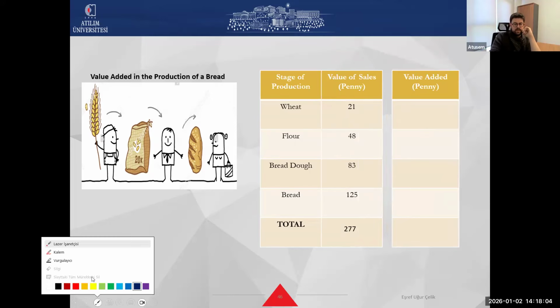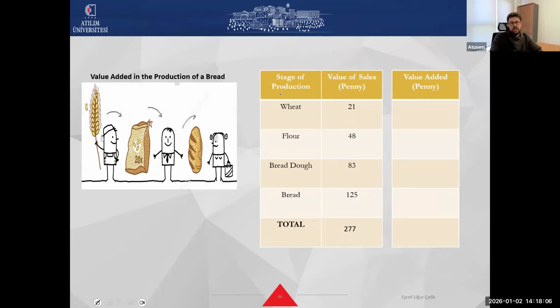Let's make it. The first one comes from the land, so there is no value of sales. Let's look at the difference. 21. When we turn it into flour, what is the value of sales difference? 27.